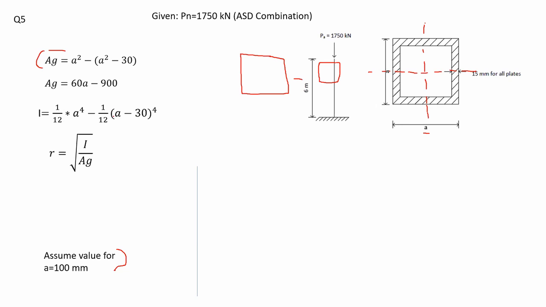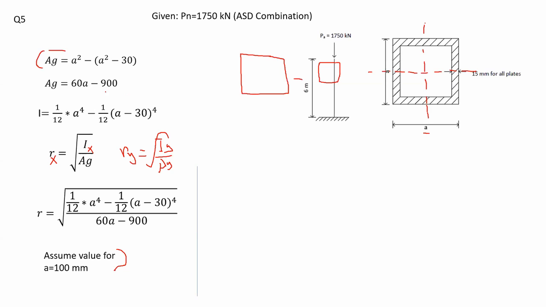Organize the equation and find the radius of gyration. The radius of gyration is equal to the square root of the moment of inertia divided by AG. If this was Rx, this would be Ix, and if you're finding Ry, this would be Iy divided by AG, and the square root.